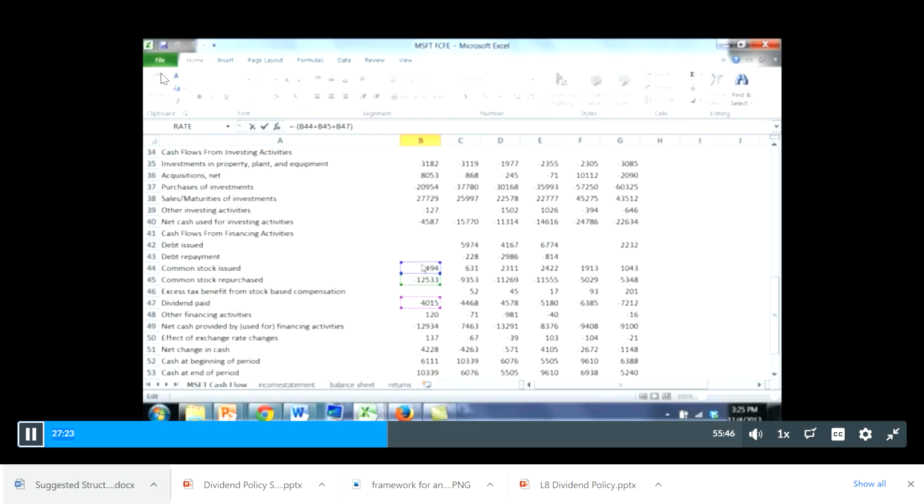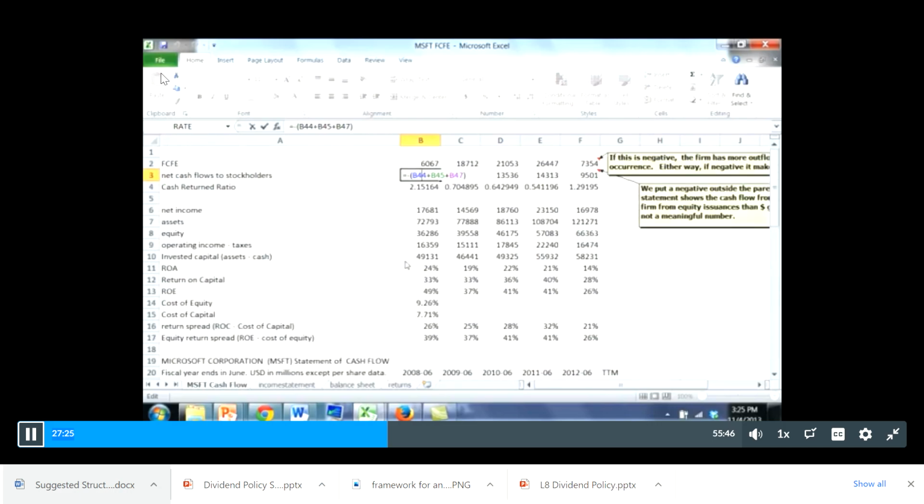Okay, so now we have our calculation. This is the free cash flow to equity, the cash available to pay a dividend or repurchase stock, and this is the actual cash used to repurchase stock or pay a dividend. I'm sorry, I probably shouldn't keep doing that back and forth. That's probably annoying. And so now we can calculate the cash returned ratio.